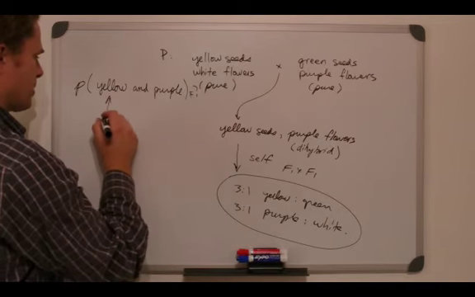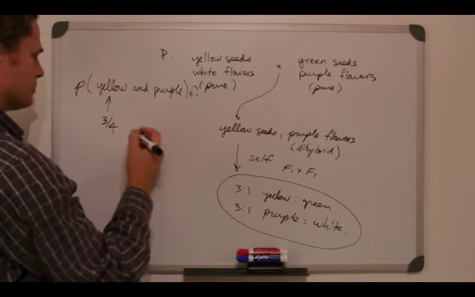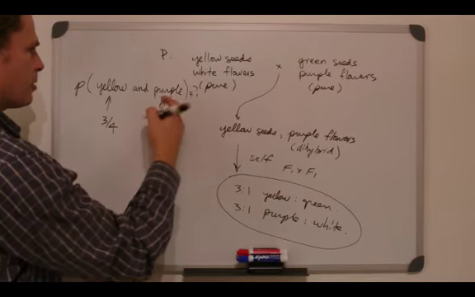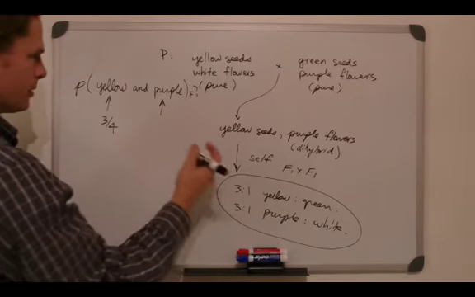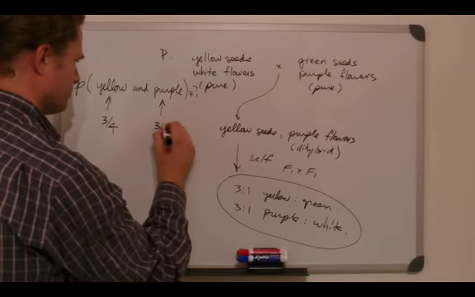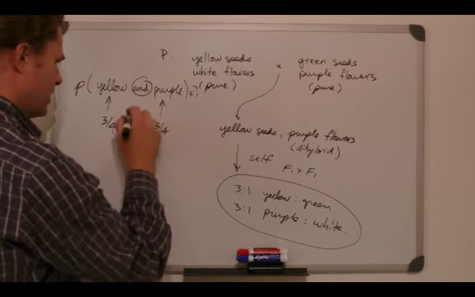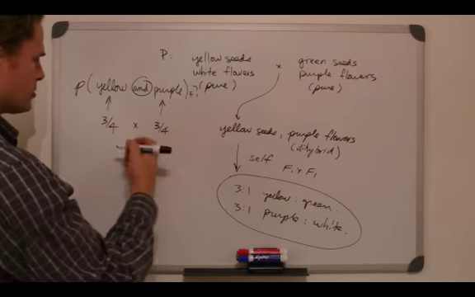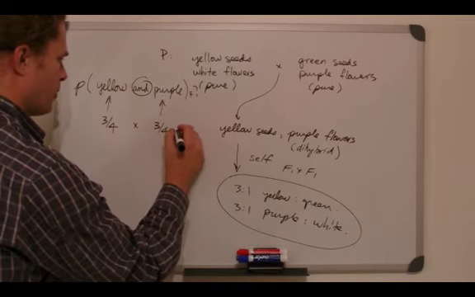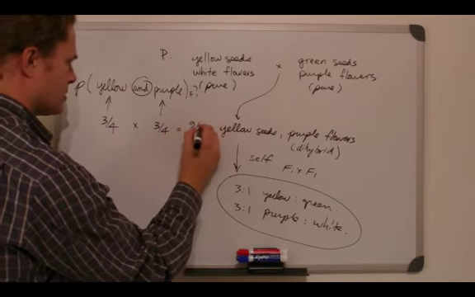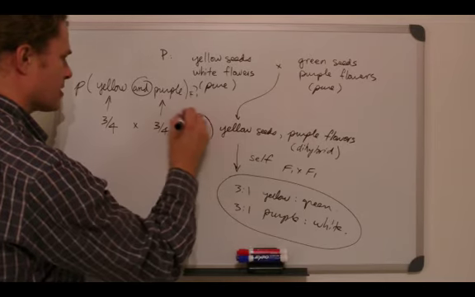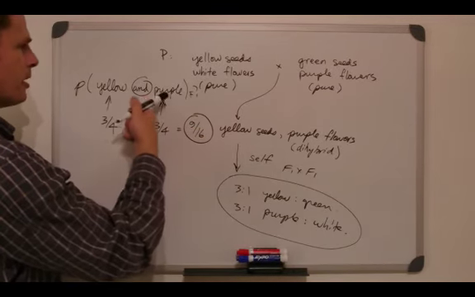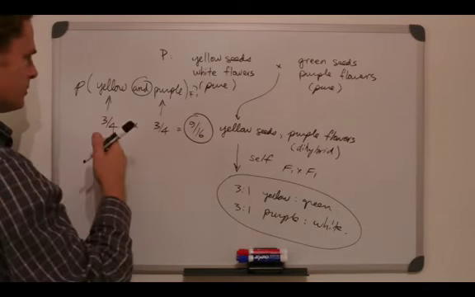Well, this has a probability of 3/4, and the purple also has a probability of 3/4. So because we say and, we would multiply those two together. So taken together using the product rule, we would end up with 9/16 is what we would expect for purple and yellow.